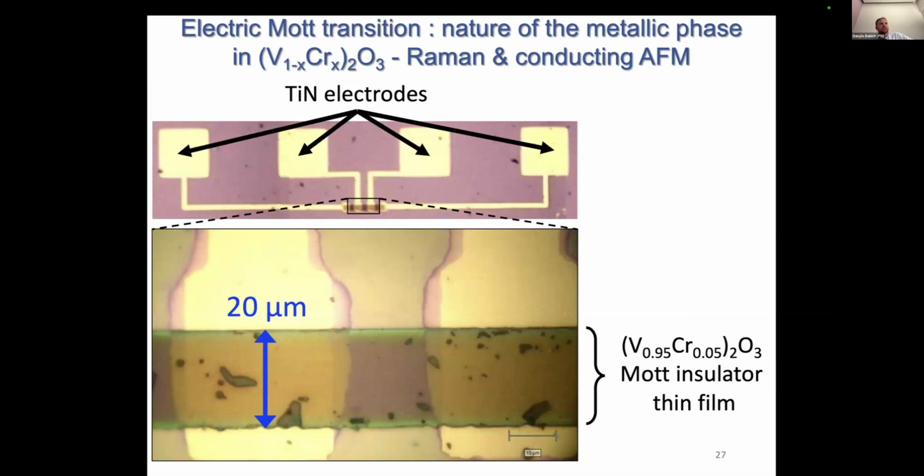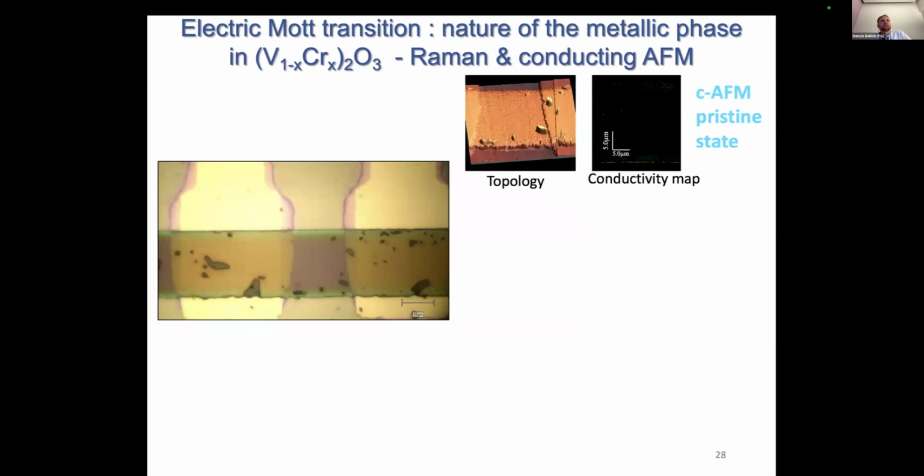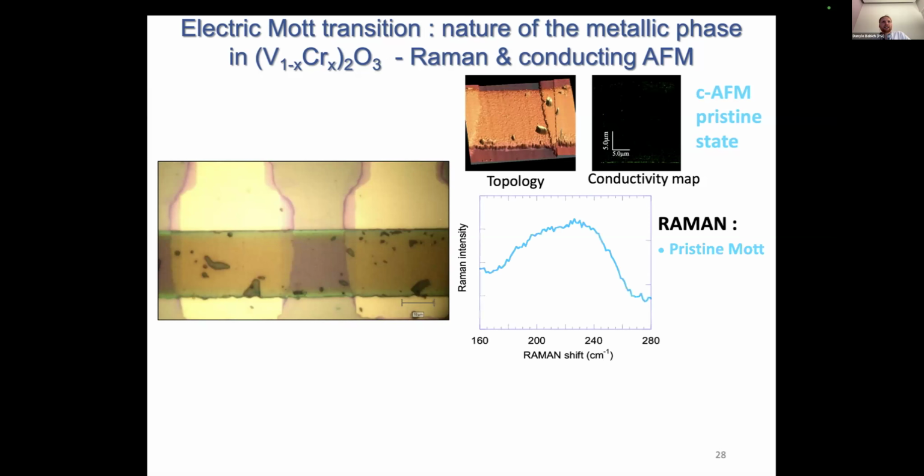But we wanted to use an electric field. So we prepared a special device with electrodes and this material as a film on top of it, and we tried to induce a phase transition or resistivity switching in such a device. We made a conductive AFM map of the material in the pristine state, then a Raman characterization.